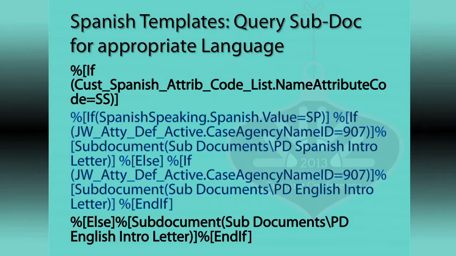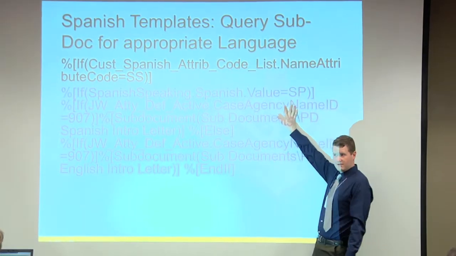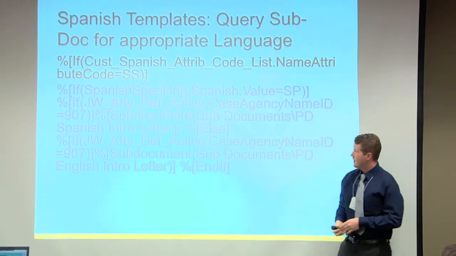Now that we have our dialogue, we have our query to say, hey, are they Spanish speaking or not? I now pull in, if they are Spanish speaking, then ask them whether they want it in Spanish or English, which is this Spanish speaking.spanish.value. SP was the value that I used for Spanish.